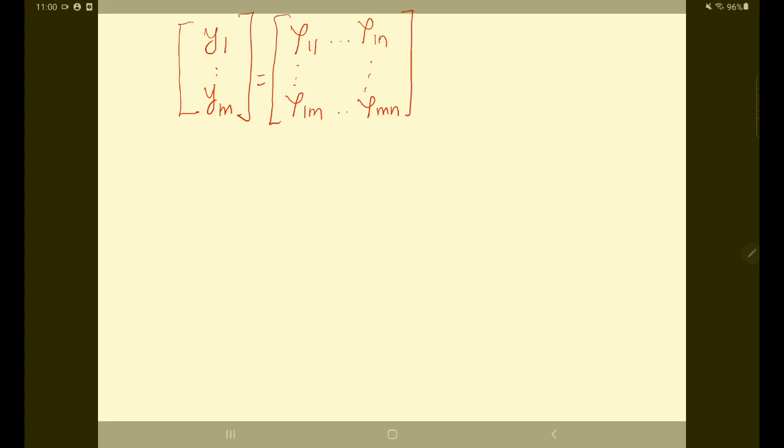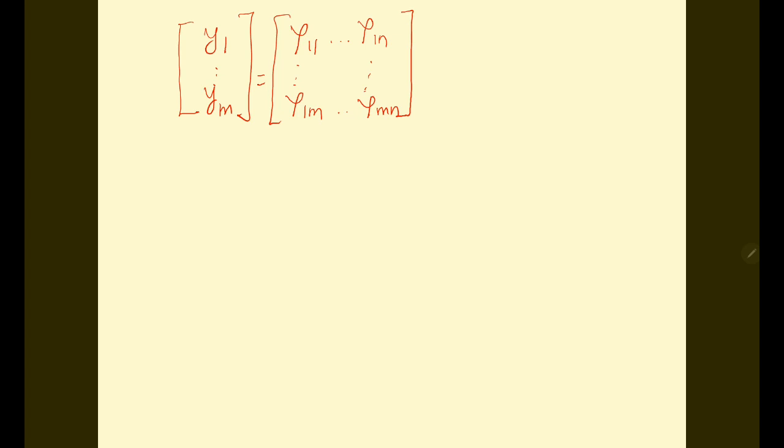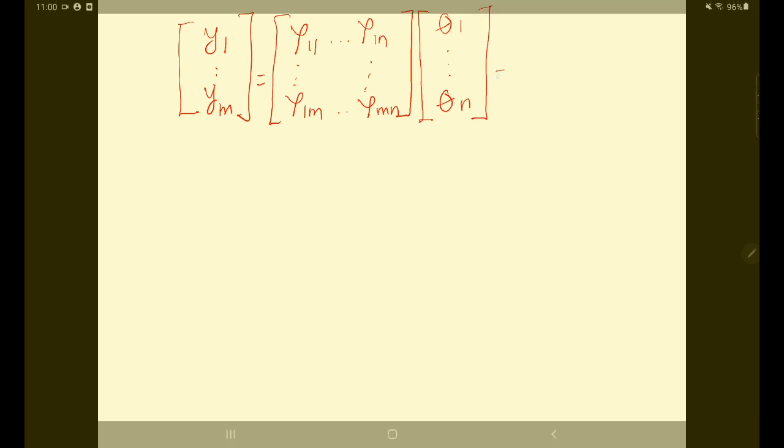So in matrix form we get y1 until ym equal to the matrix phi 11 ... phi 1n up to phi m1 ... phi mn, times the theta vector, theta 1 until theta n.